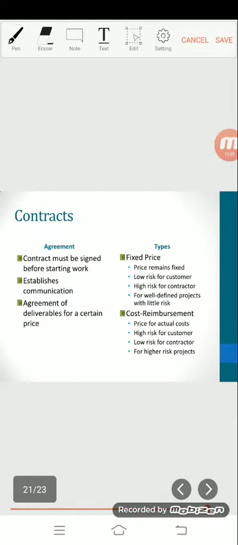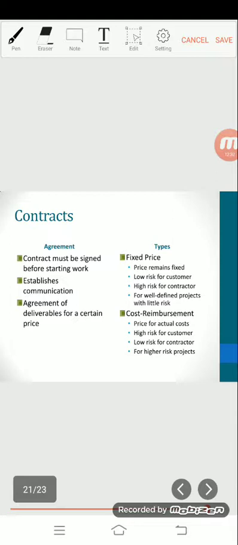In a fixed price contract, the customer and the contractor agree on a price for the proposed work. The price remains fixed unless the customer and contractor agree on changes. This type of contract provides low risk for the customer, since it will not pay more than the fixed price.